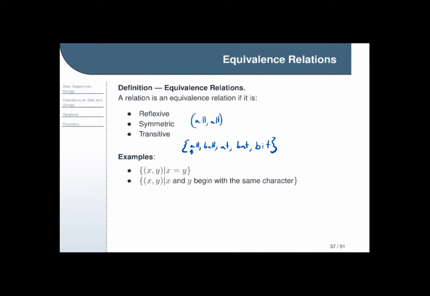Well, that's a kind of a weird question, but what I'm asking is, does all begin with the same character as all? And the answer is yes, clearly. They both begin with A, right? And you can see right away that that's going to definitely be true for every string in this set, right? So this is definitely going to be reflexive.